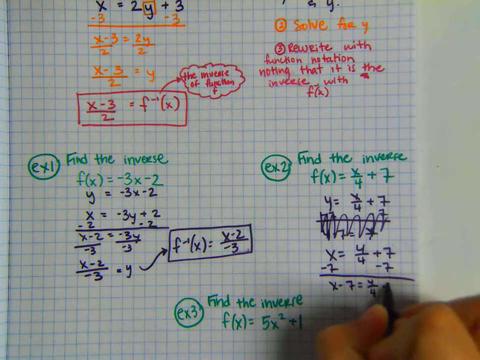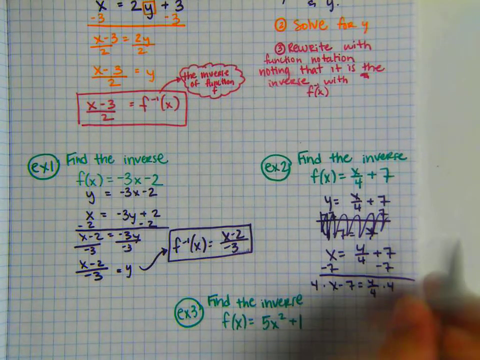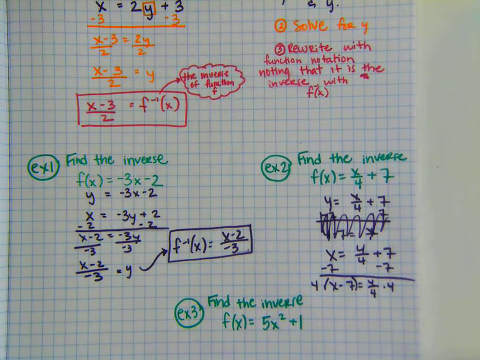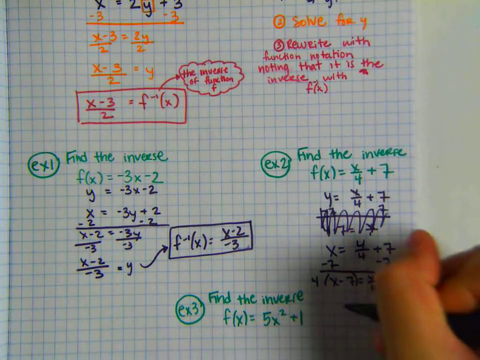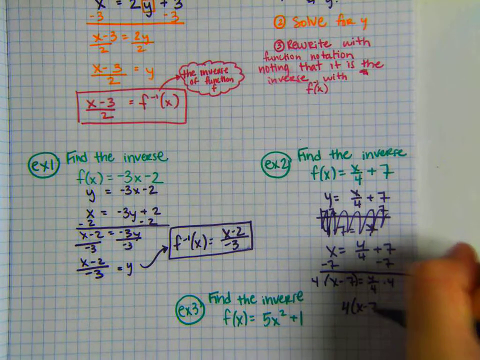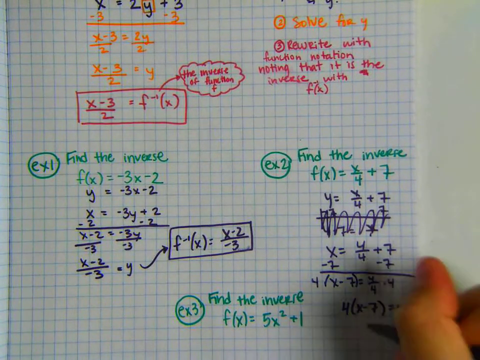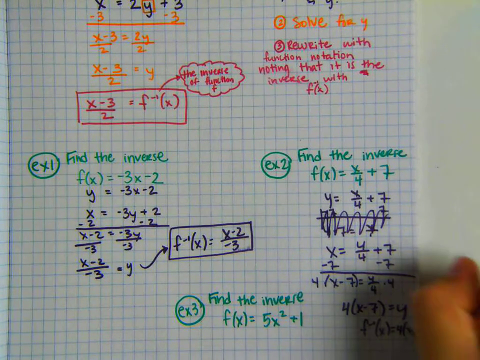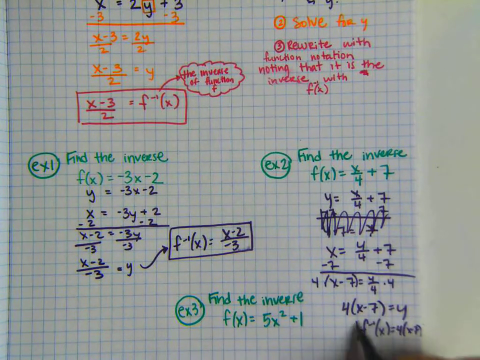To get rid of that 4, you multiply it by 4. And you have to multiply everything on this side. Or you can leave it as the parentheses. I'm going to go ahead and leave it like that. So this will be f negative 1 of x equals 4 times x minus 7. Okay.